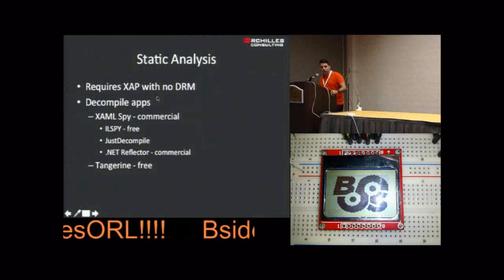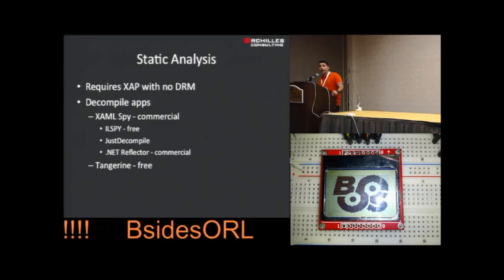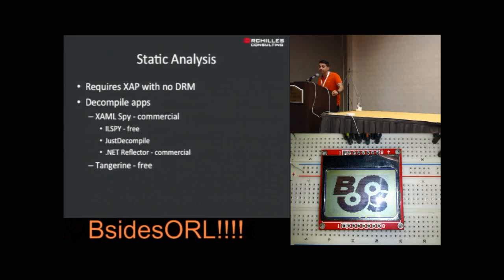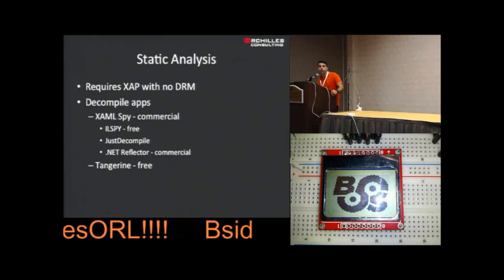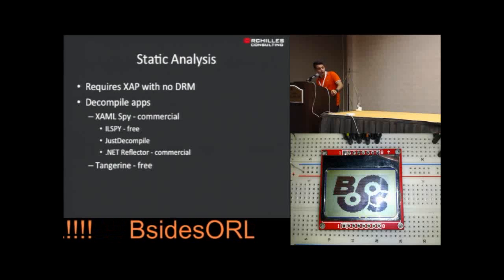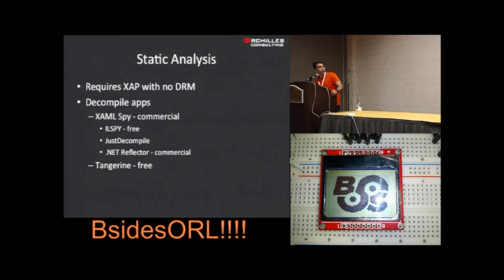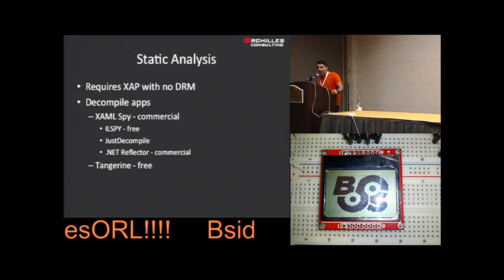So you do require, again, the XAP file without the DRM, so you can open it, and then you have to decompile it. You have to decompile the actual app, the XAP file, to get code that you can actually look at. I haven't gone this far, but there are a couple of tools that you can use. If you do get to this point, let's definitely work together.